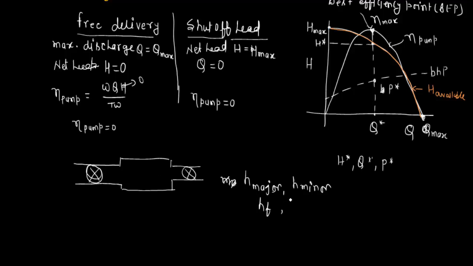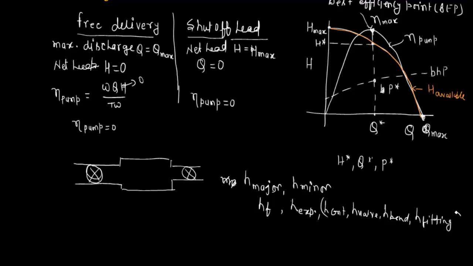Minor head losses are involved with sudden expansion or sudden contraction of the piping system, or some valves, or some bends in the pipe, or some fittings.